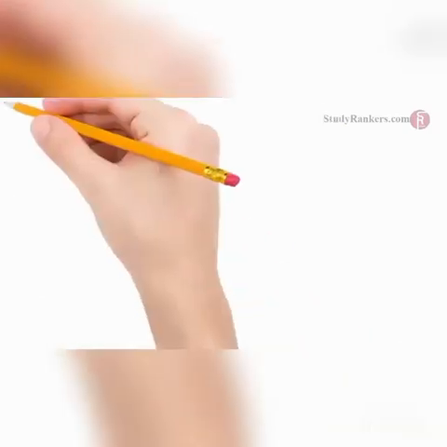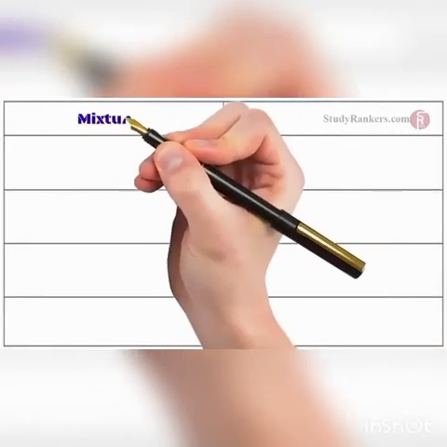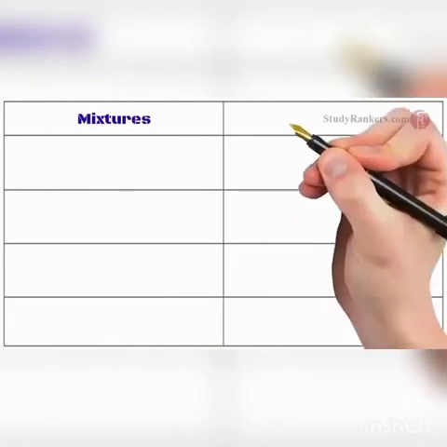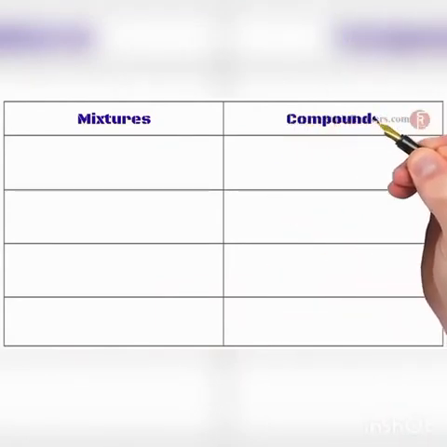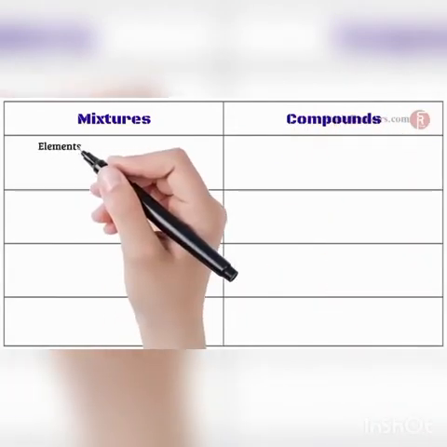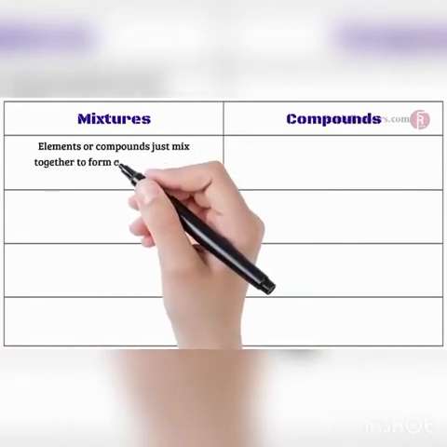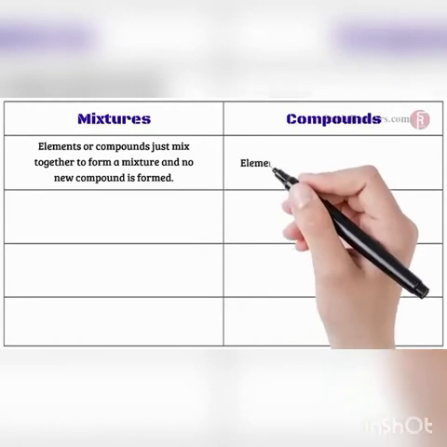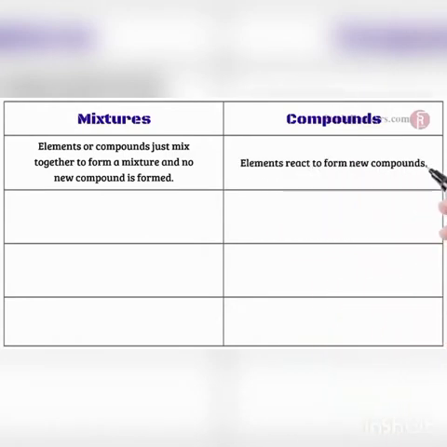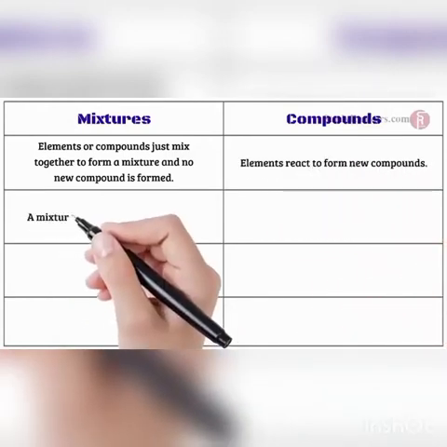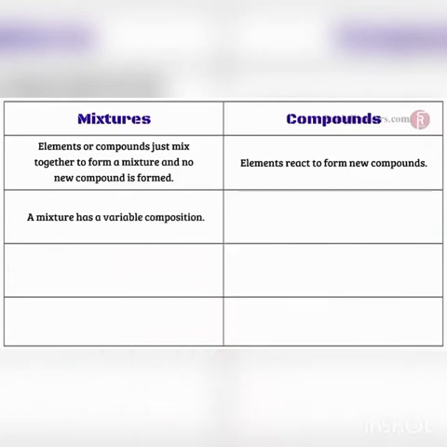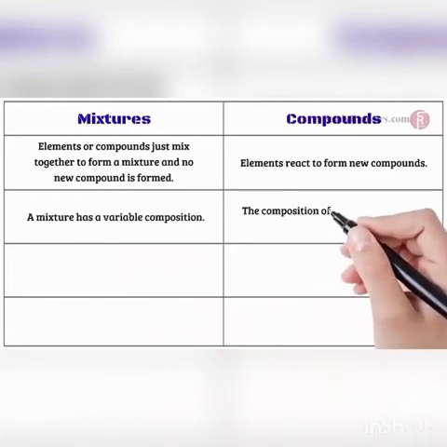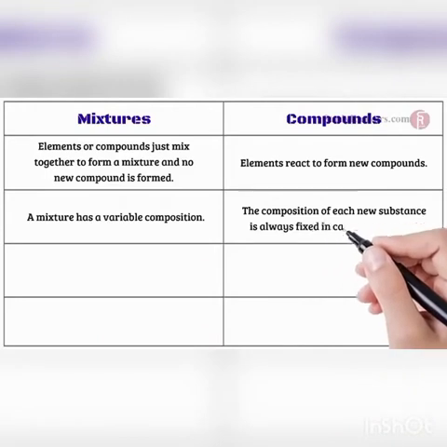Now we will differentiate between mixtures and compounds. Talking about a mixture, elements or compounds are just mixed together to form a mixture and no new compound is formed, while in a compound, elements react to form new compounds. A mixture has a variable composition, but the composition of each new substance is always fixed in the case of a compound.